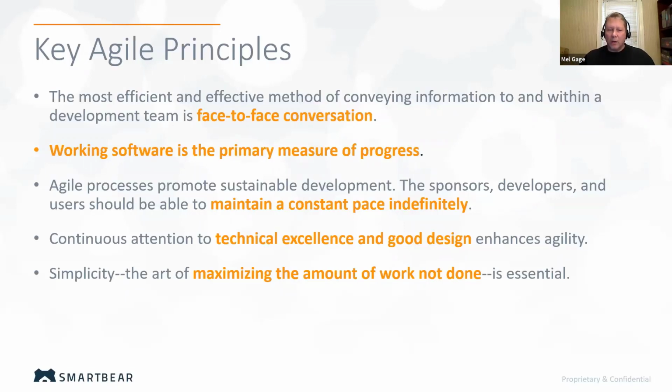So again, working software is the primary goal for all of our organizations. We want to put out a good product. We want to put out a product that doesn't have defects and bugs in it. And that's where peer review is so important. And again, I mentioned shifting left. The earlier we introduce peer review and catch those defects, the easier it is to get out that working software.